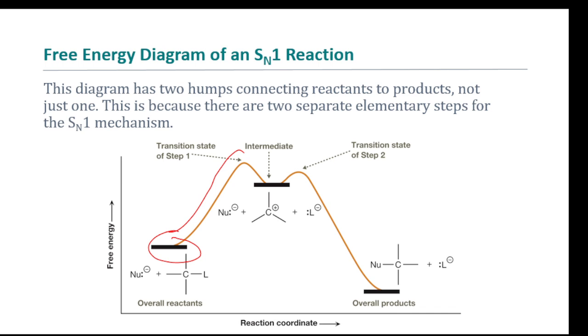And they're going to be peaks. They're the high energy states you have to overcome. And then an intermediate will actually be a lower energy valley between transition states. It's something that will exist for a short period of time, typically in situ. Do you know what in situ means?